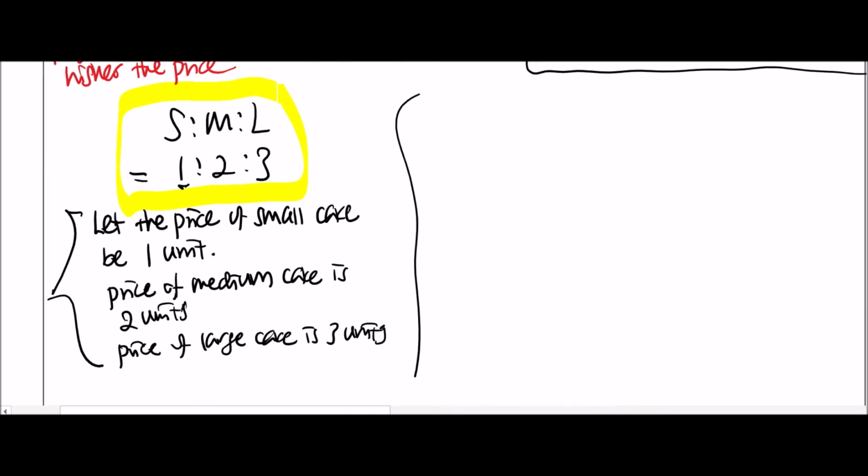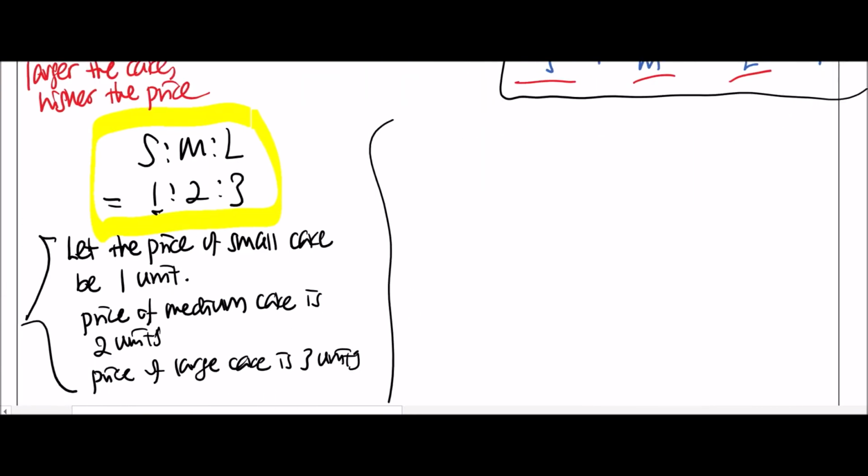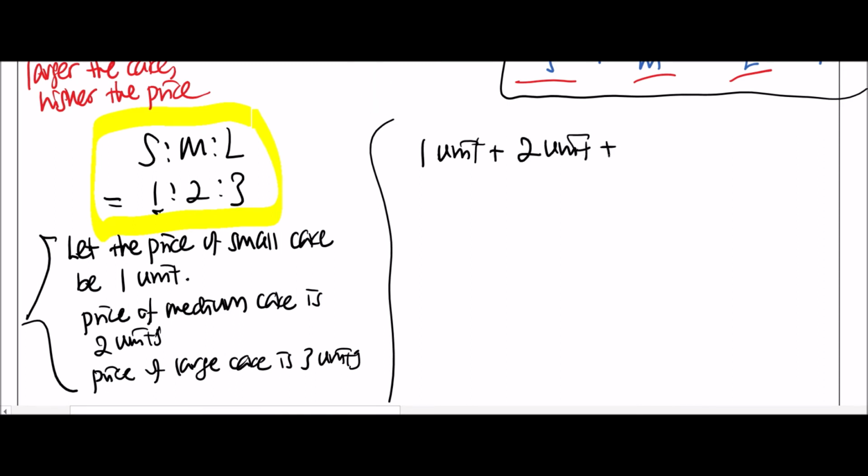So if she is going to sell all the 3 cakes, she will have received a total of 1 unit plus 2 units plus 3 units, which should equal $120. So how many units are there in total? 6 units, yeah.